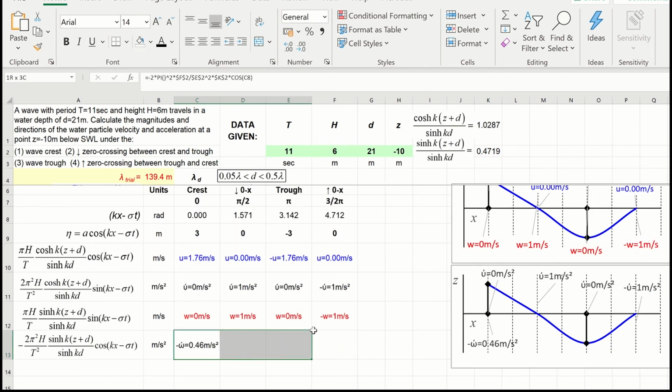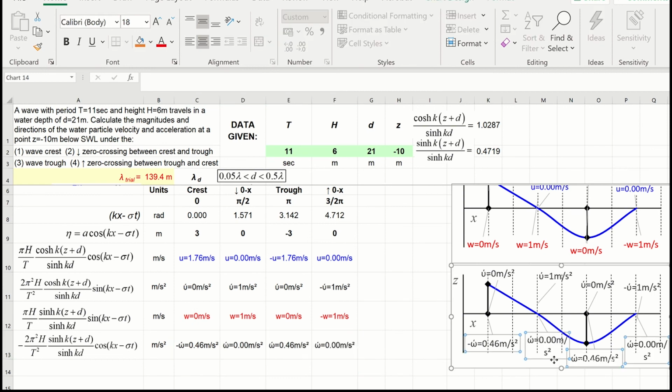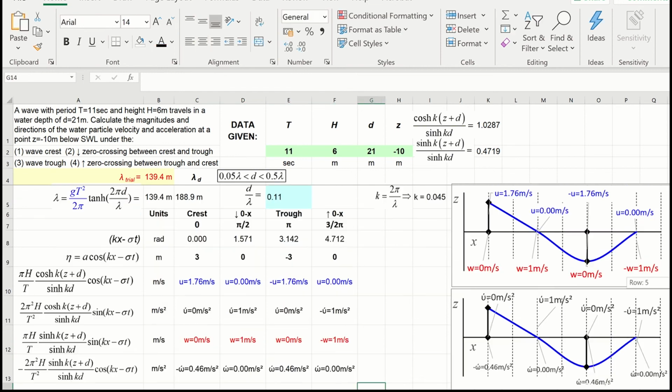And finally I drag them and I show my accelerations here as well.